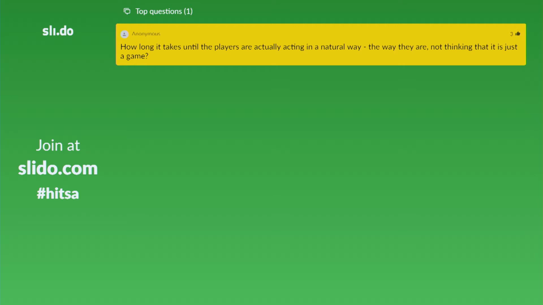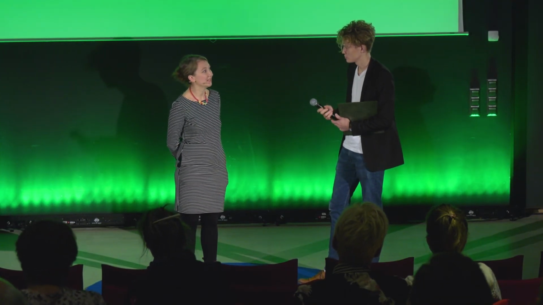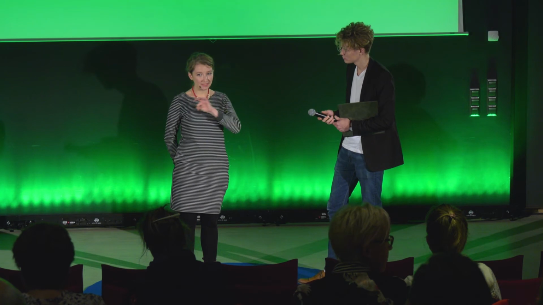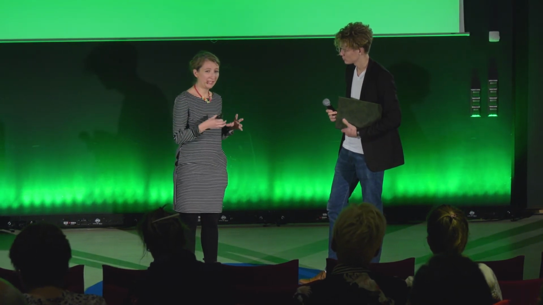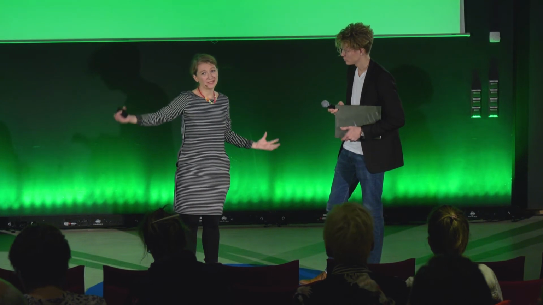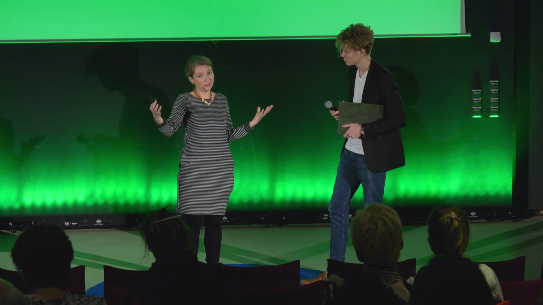Yeah, it's not so much the point that we want the players to behave as if they were not in the game. I can't say that this is actually happening because these are short interventions. If you're doing a physical activity game, you can't have your players act on it for 4 hours. They really get tired.